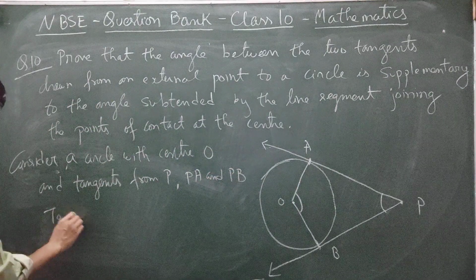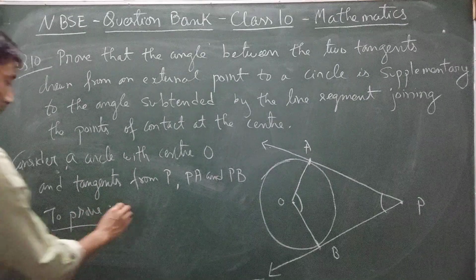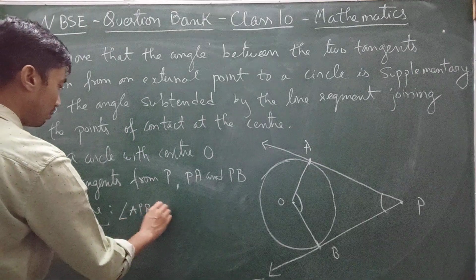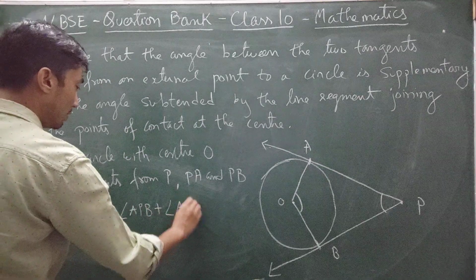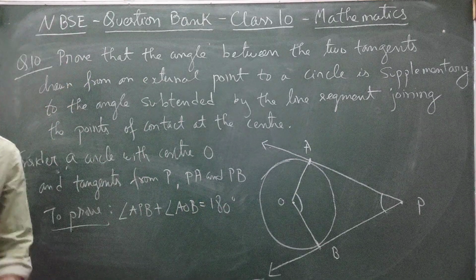To prove, you can write in your own words, no problem. We are supposed to prove that the angle between the two tangents, angle APB, plus angle AOB are supplementary, 180 degrees.